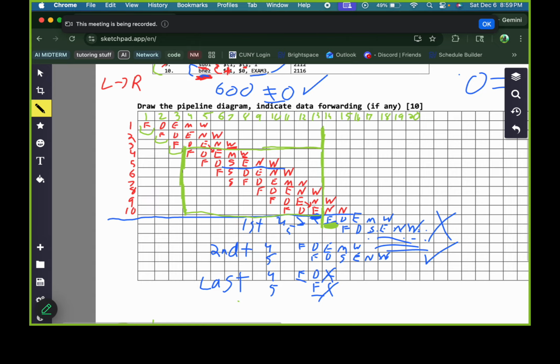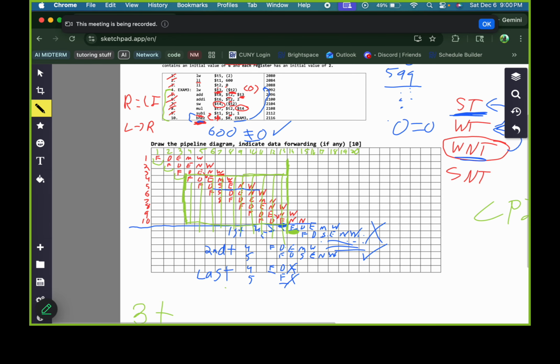So this one's going to be a bit of a longer loop. So let's count. We have 1, 2, 3, 4, 5, 6, 7, 8, 9, 10. So we know our first loop is going to be 10.